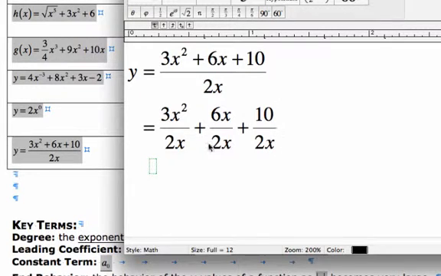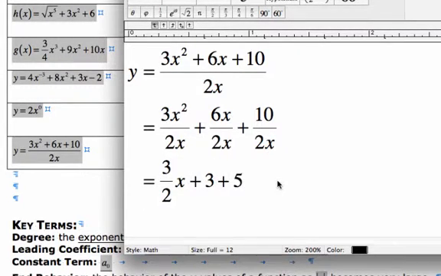Once we simplify each term, in this first one, we're going to be left with a coefficient of 3/2, or 3 divided by 2, which is perfectly fine. It's a real number. X squared divided by x just leaves us with an x. Okay, so it's a consistent variable. We're using x again. Its exponent of 1 is also fine. 6 divided by 2 gives us 3, and x divided by x leaves us with 1. So we just have a 3 there, which is fine as a constant term.